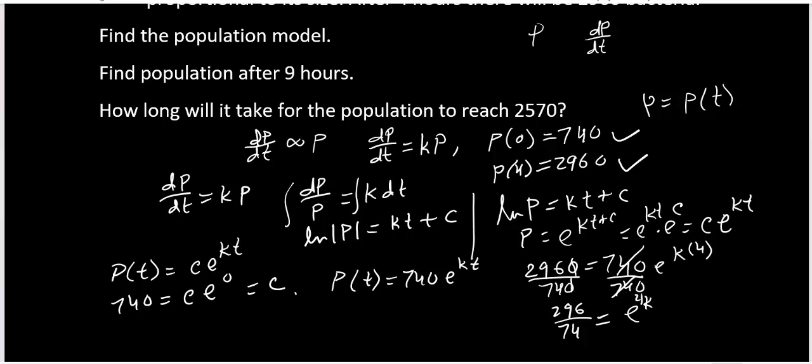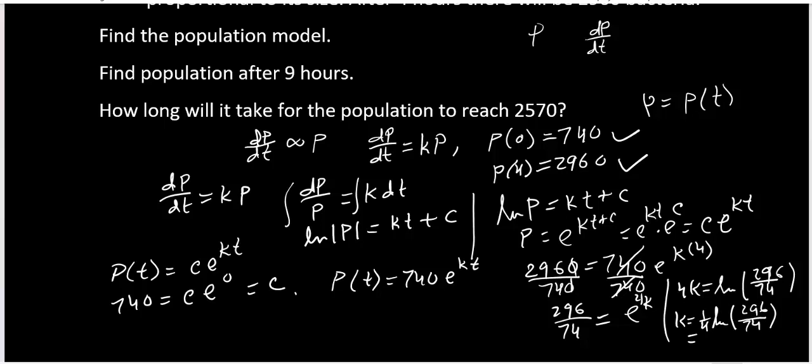Now if you take the natural log on both sides, you will get 4k equals natural log of 296 over 74. So then k is 1/4 natural log 296 over 74.